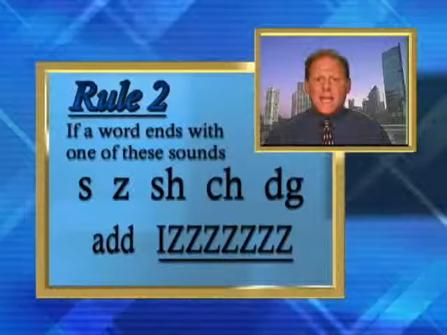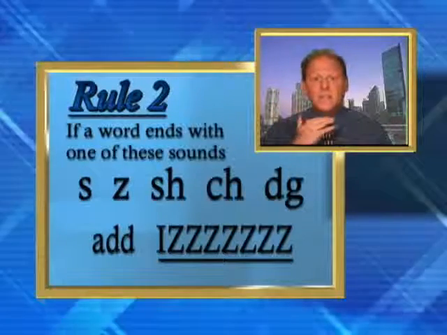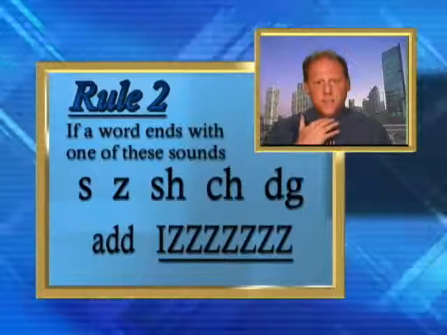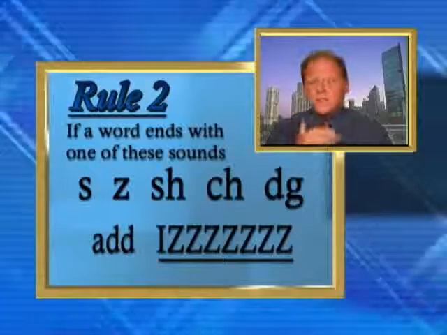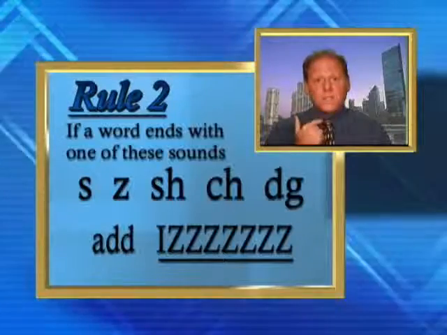When you add an S ending, this time we always add the ending iz, with a voiced Z. It doesn't matter that it's spelled with an S. It's never iz unvoiced, never. It's always iz with a voiced Z. Okay, do this with me. Put your hand on your throat because I want you to feel the vibration in your neck and say iz. Feel that right here. Iz.